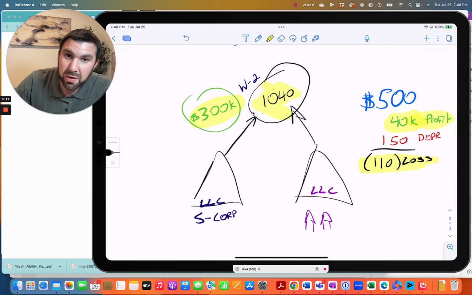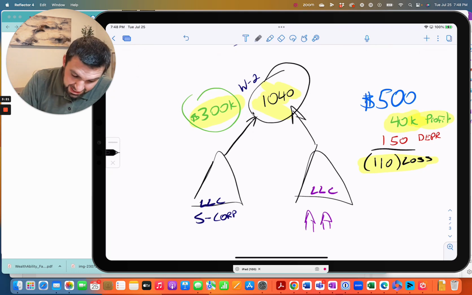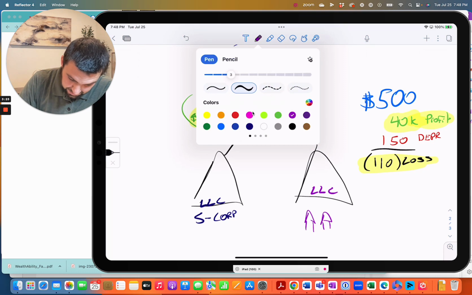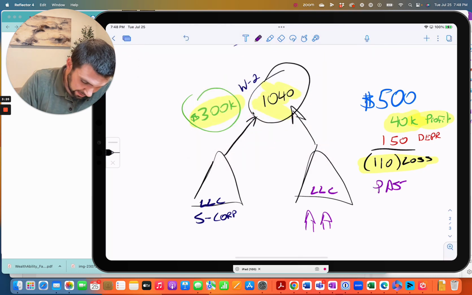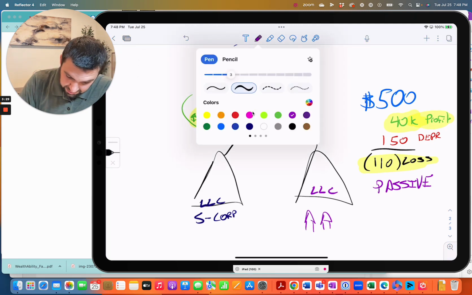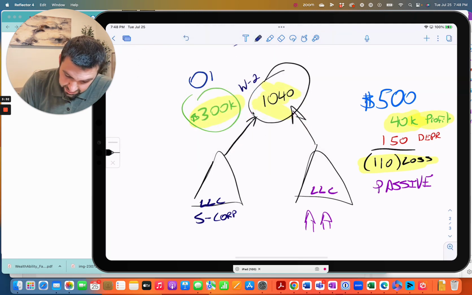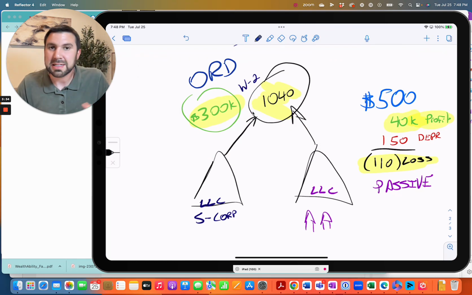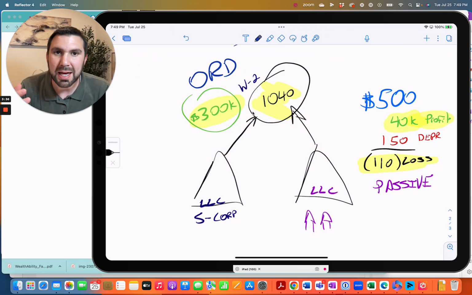But as many of you know, the issue is the $110,000 loss is passive, and the $300,000 income is ordinary. And that's like oil and water. They can't mix. We can't take passive losses against ordinary income.